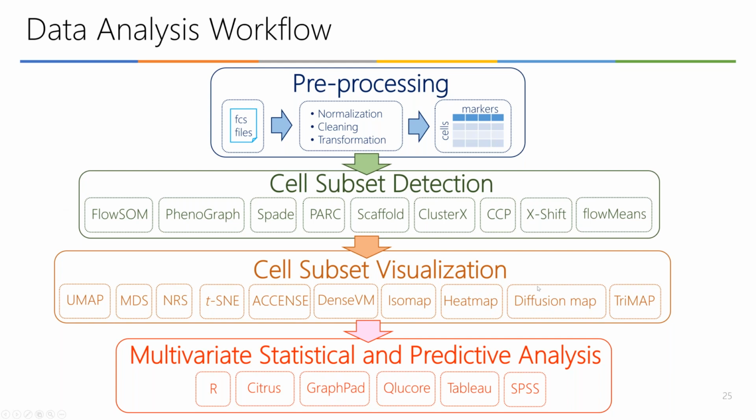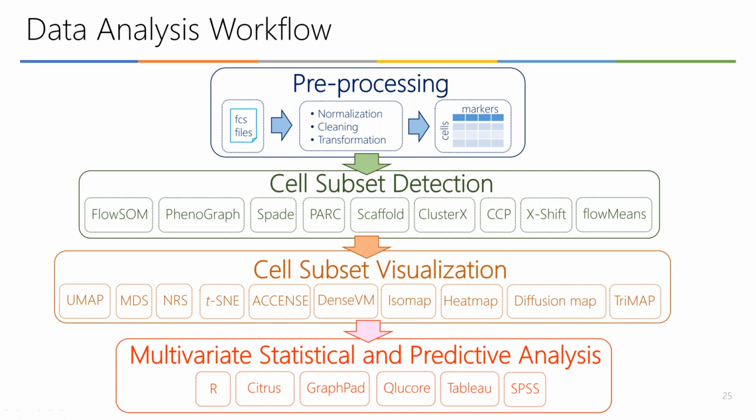And finally, use that information about cluster frequency and marker expression to do statistical analysis or predictive analysis using all the other information in your study or in your clinical trial. So remember that no matter what algorithm you use, you need to make sure that it has the ability to find populations accurately and has high computational efficiency.